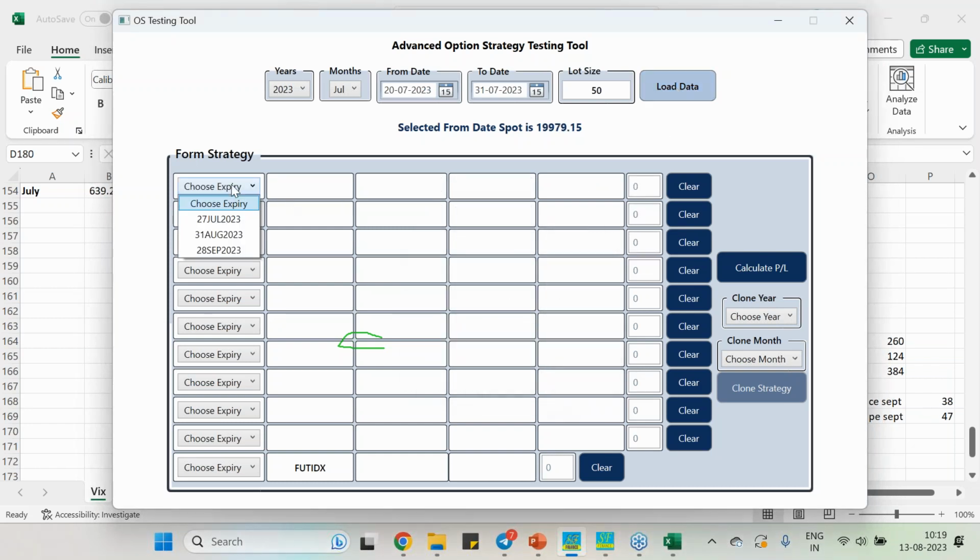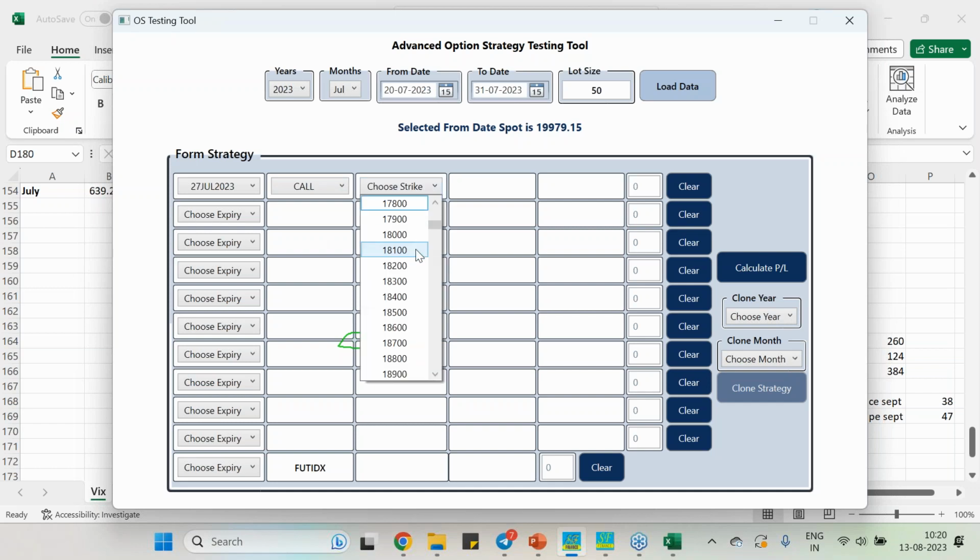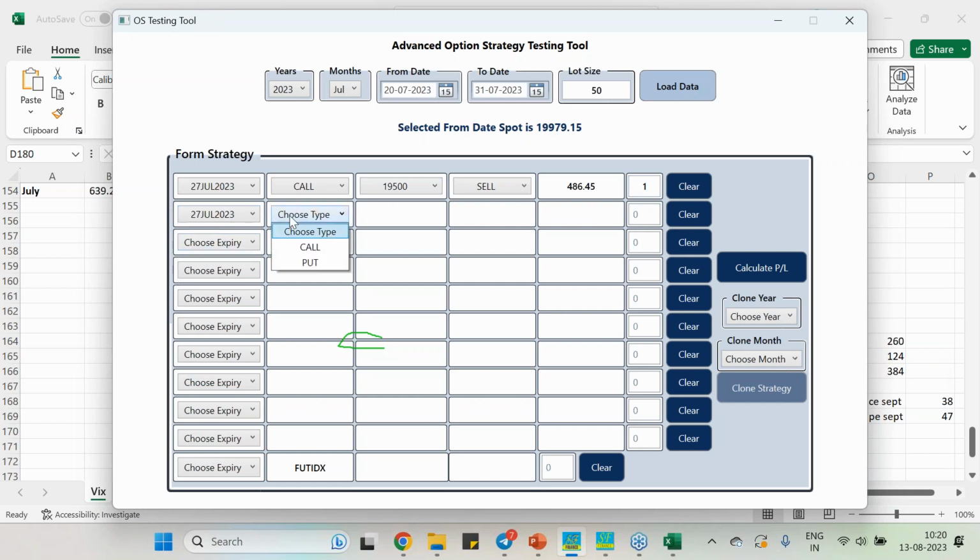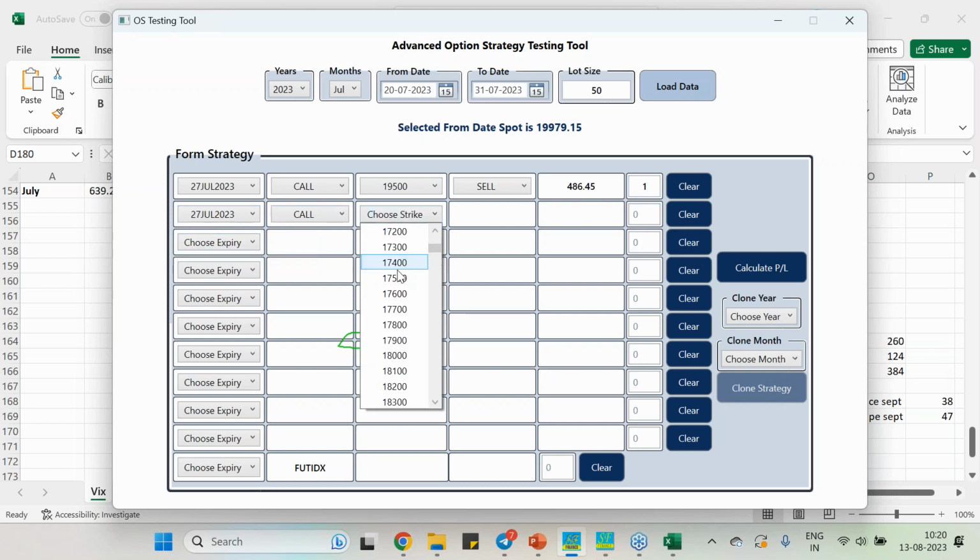So we formed a call option, say July. 19,900 it has come. If I go for 500 points, I will be selling the 19,500 call here, July, and at the same time I am buying a July call option, the 20,000.